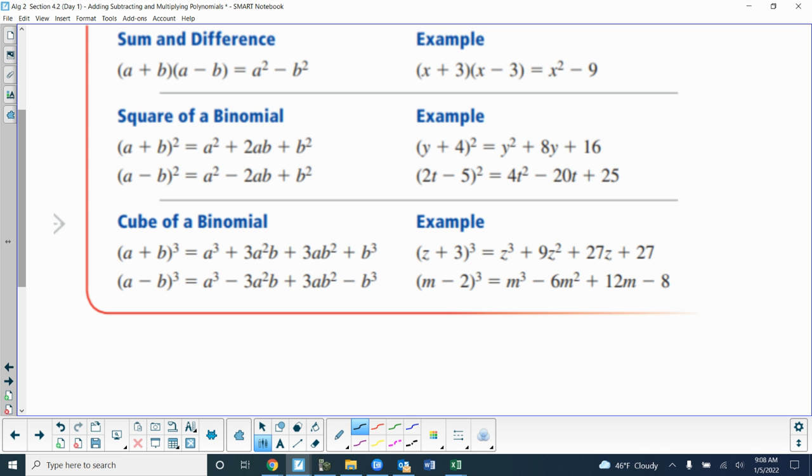So you might be better off writing it as m minus 2, FOIL this, get your answer. Which you guys might know that quickly, right? M times m. Multiply those and double it.